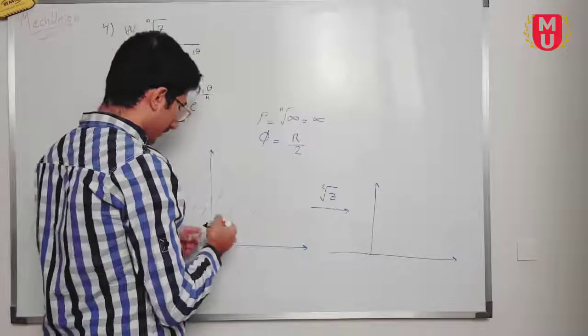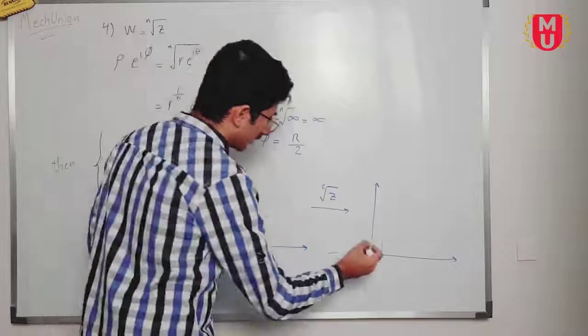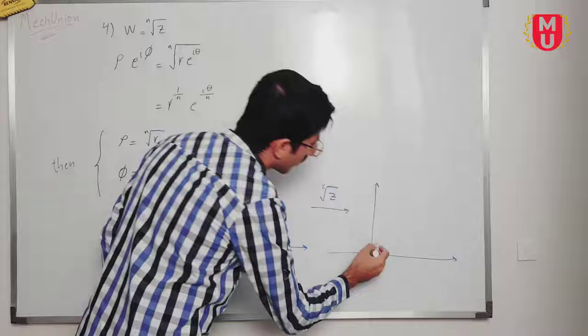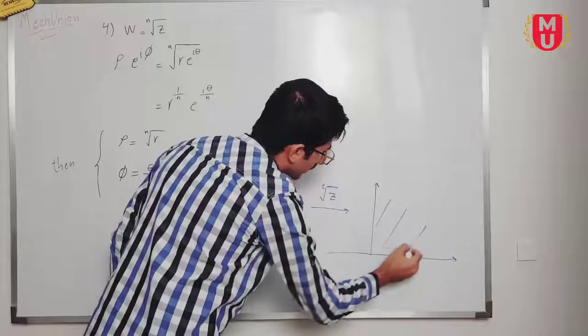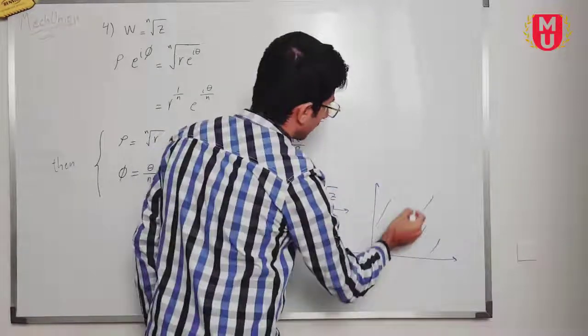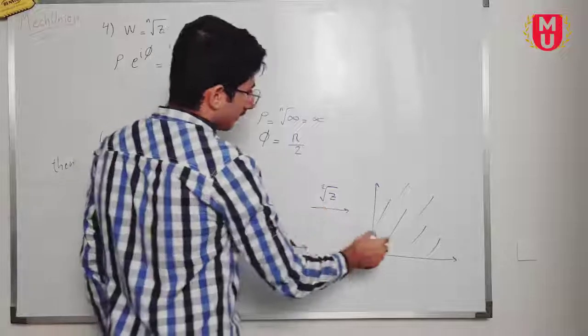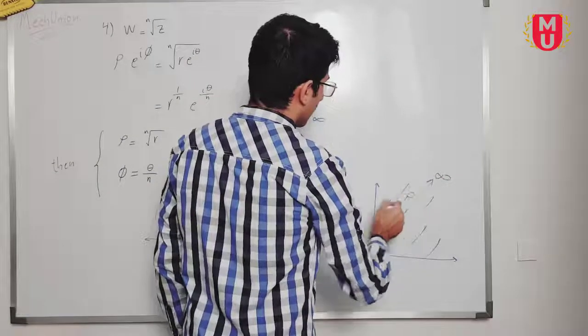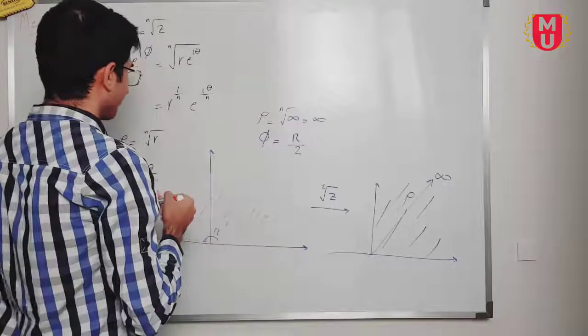Okay, we will draw this region. Theta of pi over 2 becomes the first quadrant of the coordinate system, and it also has a rho of infinity.